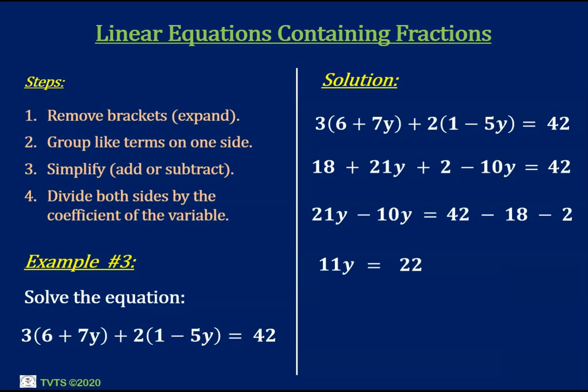So we have 11y divided by 11 on the left hand side and 22 divided by 11 on the right hand side. 11 cancels out 11 and 11 into 22 is 2 times. Hence, y is equal to 2.